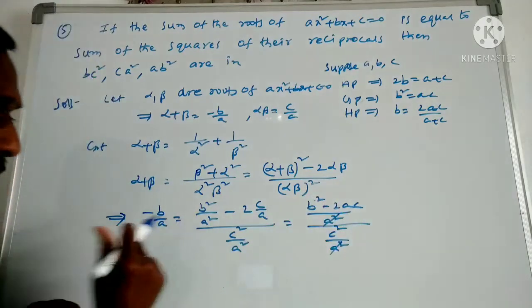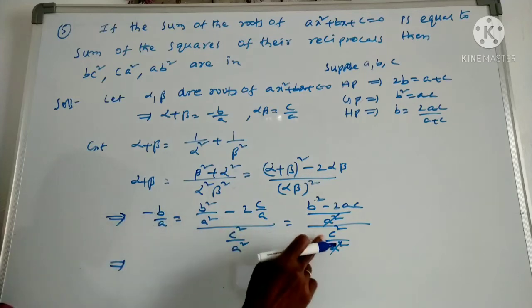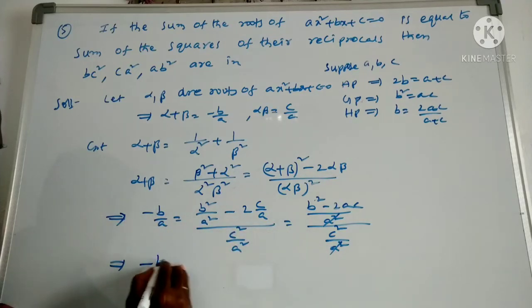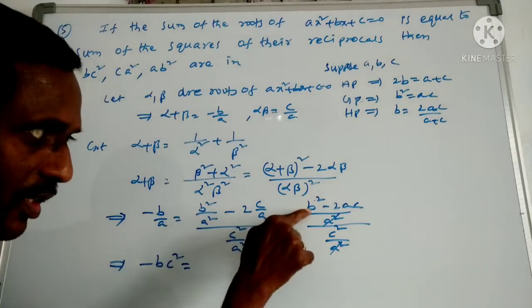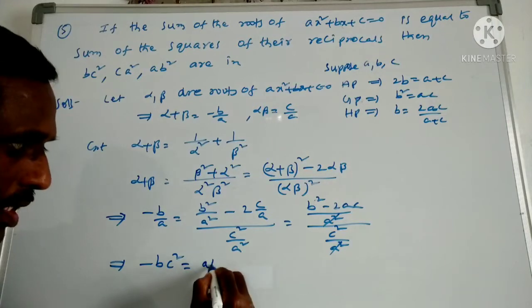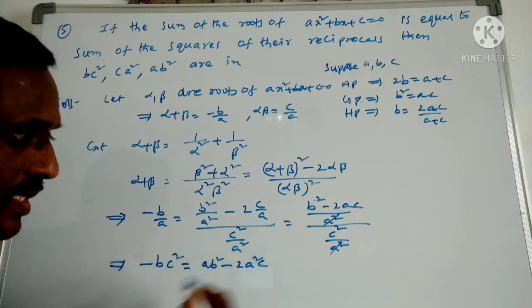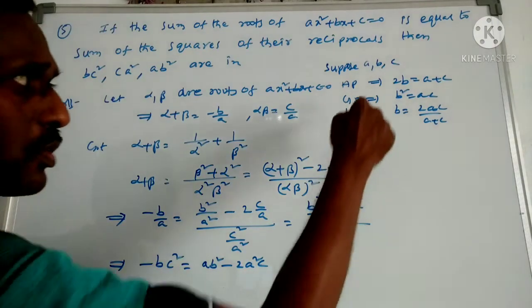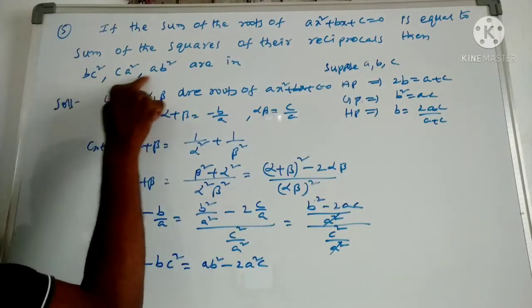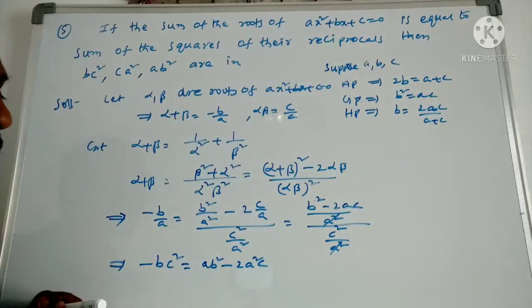After that, cross multiply. This implies minus b into the denominator a c square. Cross multiplication gives minus b square equals, with the denominator a, cross multiplied with the numerator, so a b square minus 2 times a square c. That is the remainder. Now we have to check whether these values are in progression, arithmetic or geometric.